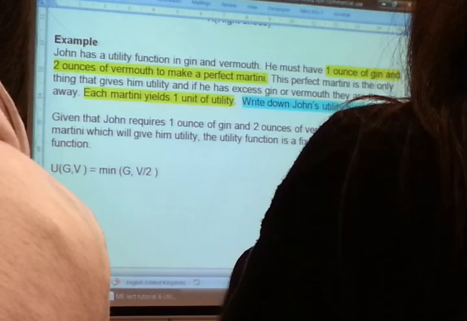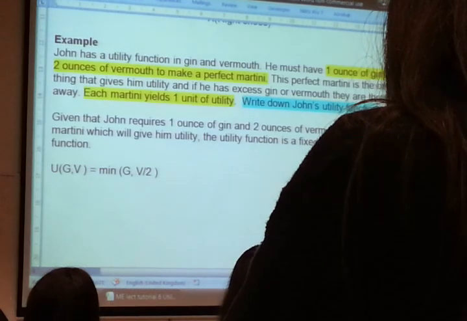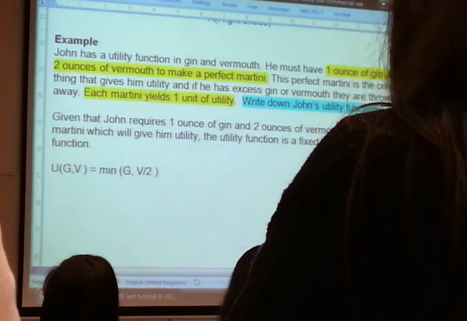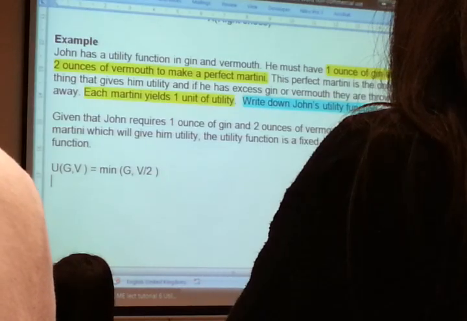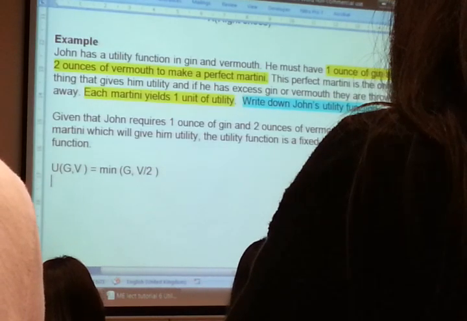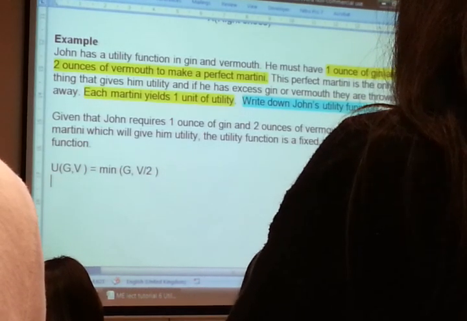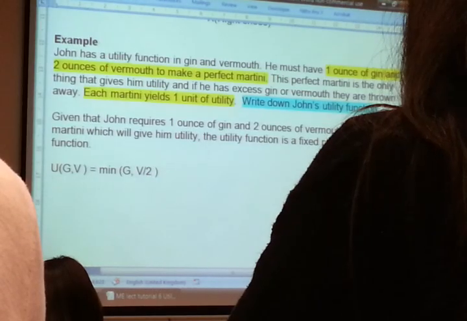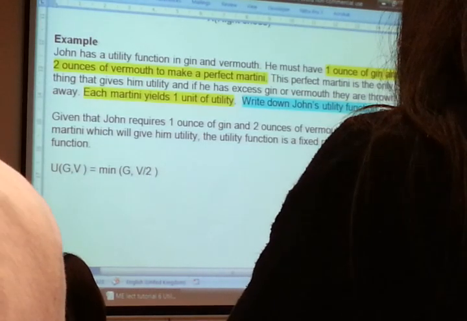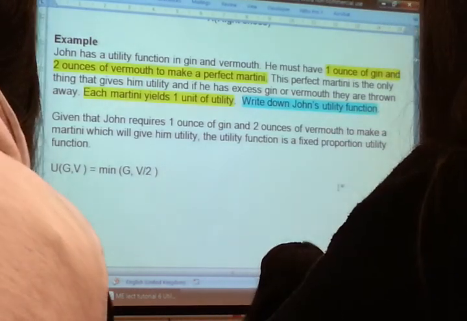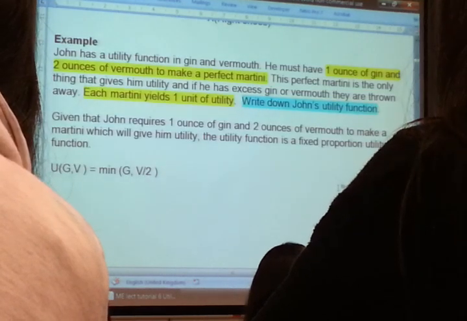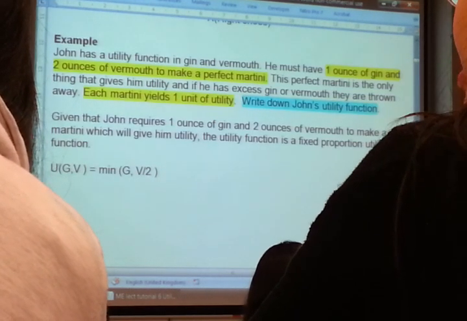First, in order to write his utility function, you need to understand what this means. U of G is what? Now you know that they are perfect complements, right? They must be used together in fixed proportion. So the only thing you need is this interpretation.